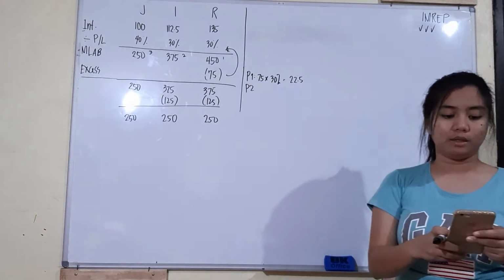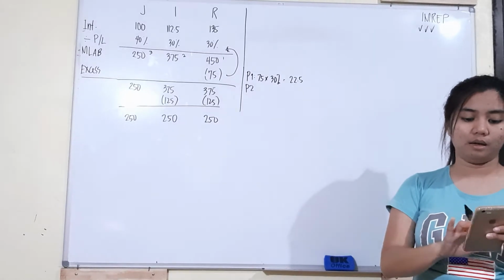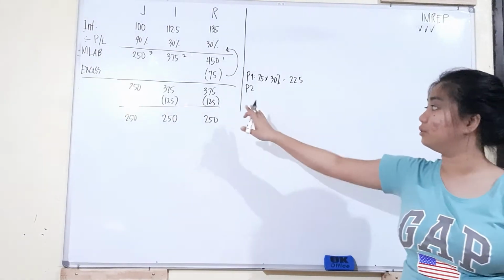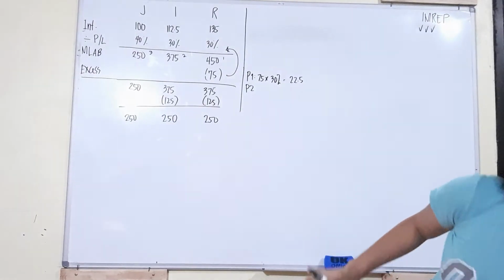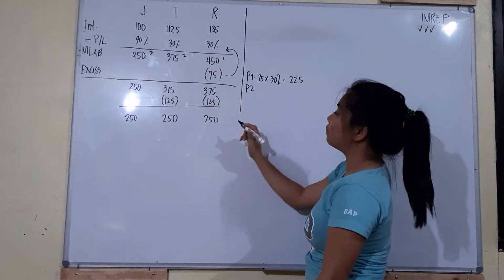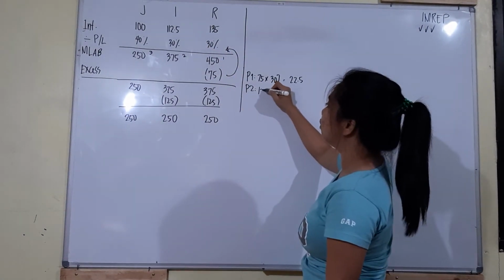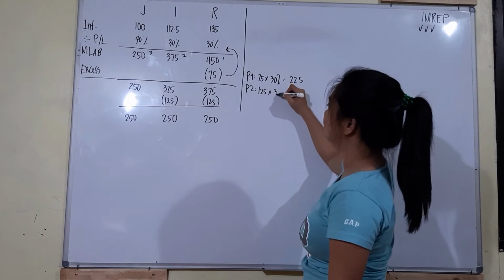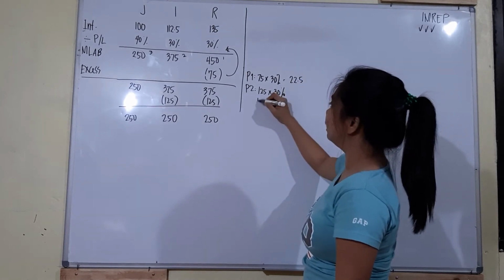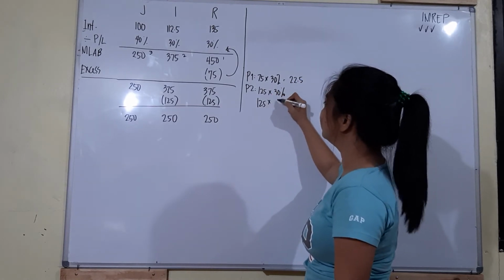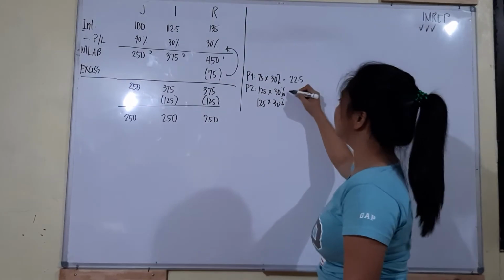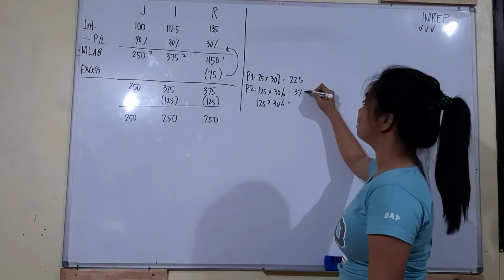Okay? So, 125 multiplied by 30% because both have 30% share. Diba? So, the priority 2 will be 125 times 30% and 125 times 30%. This is 37.5.